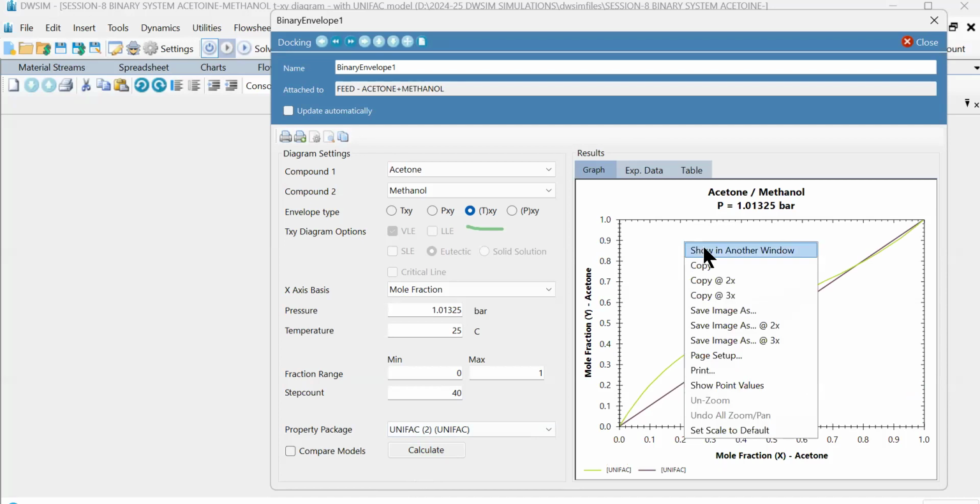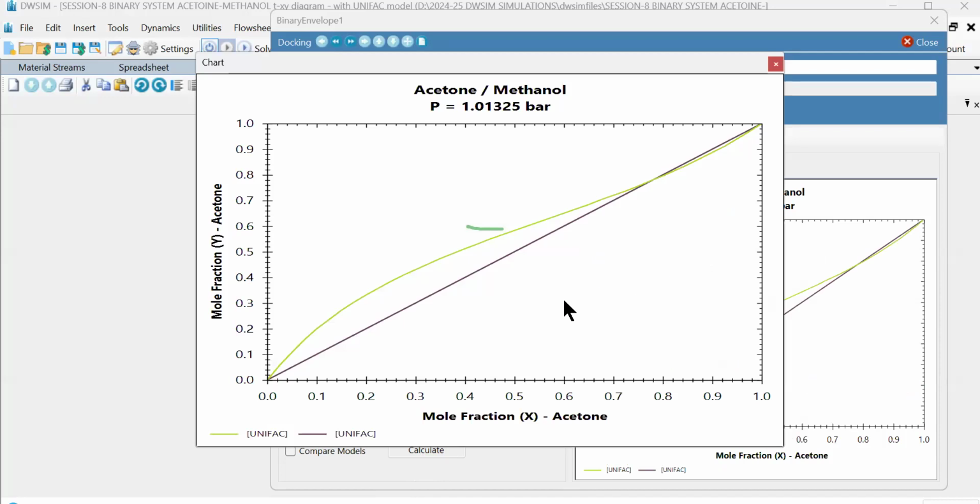Yeah, show in another window, see the curve. You can actually see the curve here, and this is the point. This particular point is what we are looking at. Okay. Thank you. We will see in the next session.